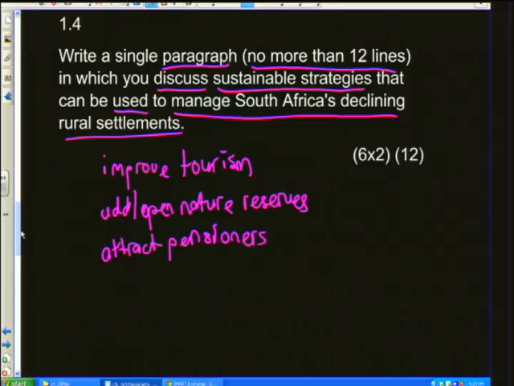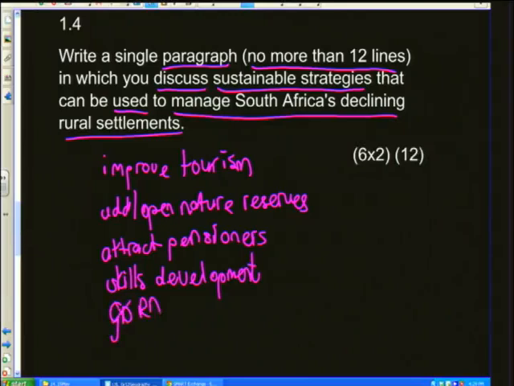You can also improve skills development for your remaining population so that they are not inclined to move. We can employ initiatives like the Rural Reconstruction and Development Program, the Spatial Development Initiative, okay, Local Agenda 21, which we looked at earlier.